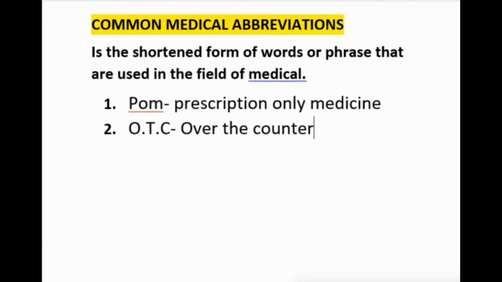These are drugs that you can buy for yourself in a chemist and use by yourself without a doctor's advice or prescription. This is what we call OTC, over the counter drugs.